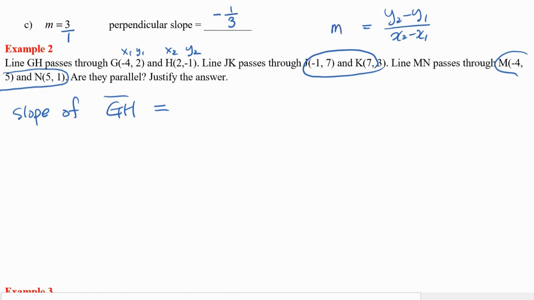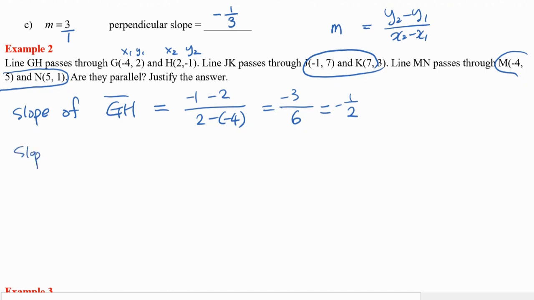We usually use m for slope. Okay, so y2 minus y1, -1 minus 2, over x2 minus x1, 2 minus -4. That is -3 over 2 minus -4. That's 2 plus 4, that will be 6. -3 over 6 will be -1 over 2.